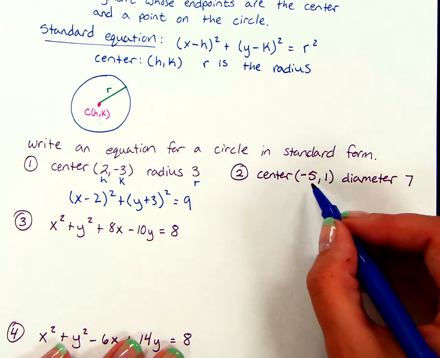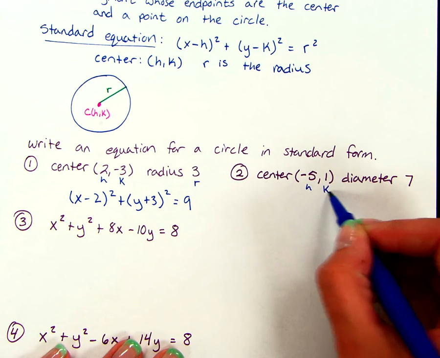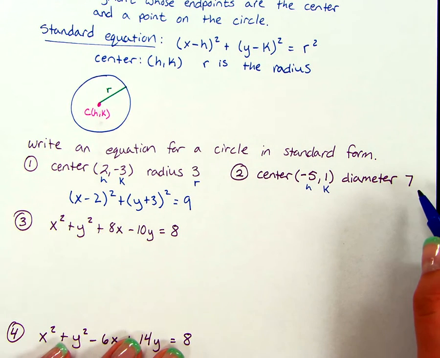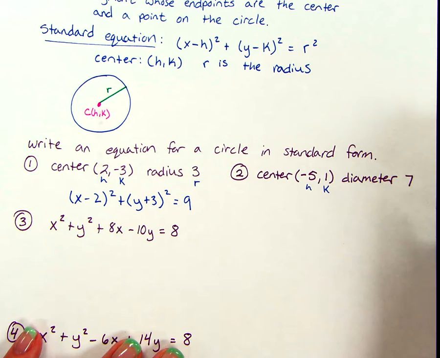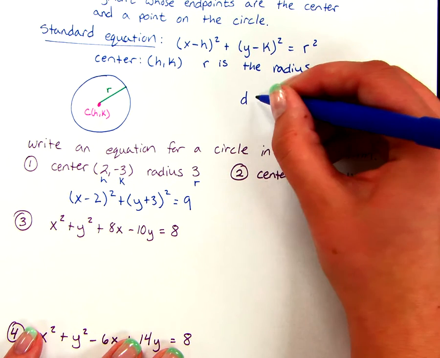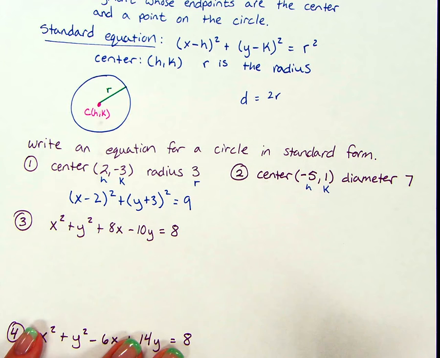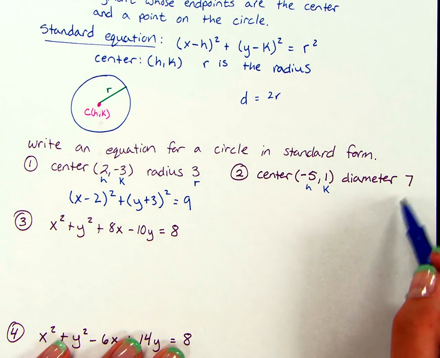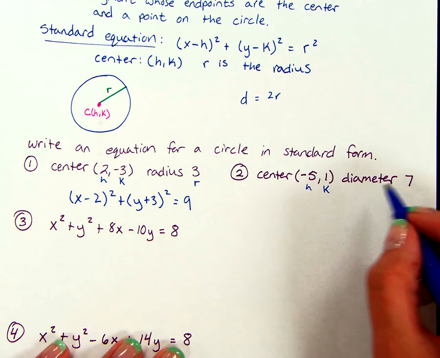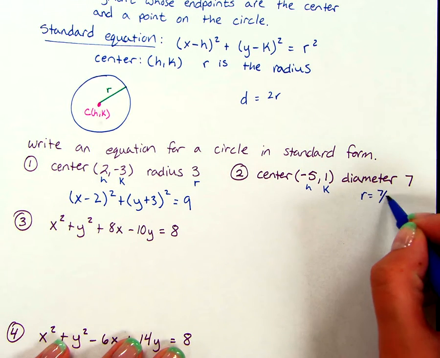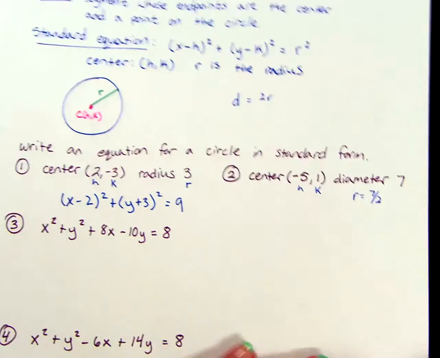Same thing with the next one. So h is -5, k is 1. And if we have the diameter, remember the diameter is equal to 2 times the radius. So that means that we would just divide this by 2. So r is going to be 7/2, and I'm going to leave that as a fraction.